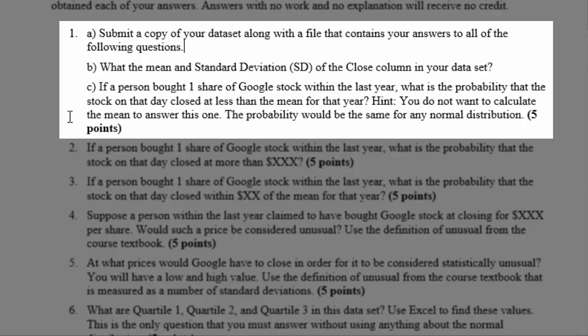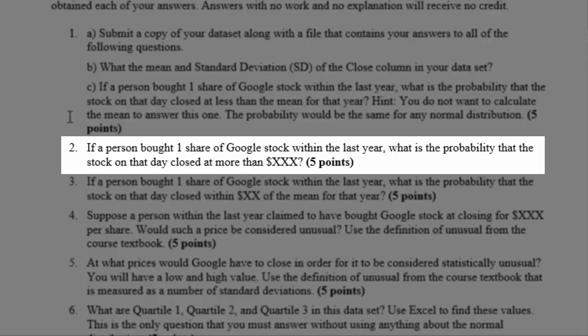And then you're going to consider, if a person bought 1 share of Google stock in the last year, what's the probability that closes at less than the mean for the year? In fact, you don't have to do any calculating for C. If you think about what we know about the normal distribution, you should be able to tell me, for any normal distribution, what percent are less than the mean.